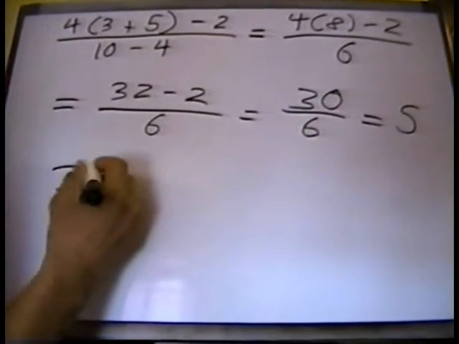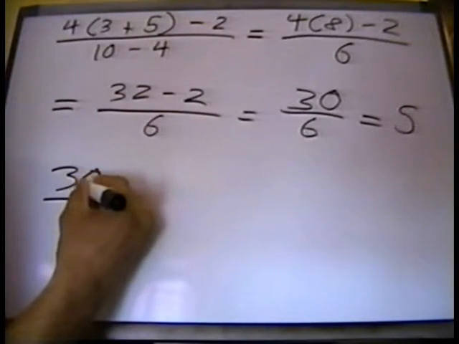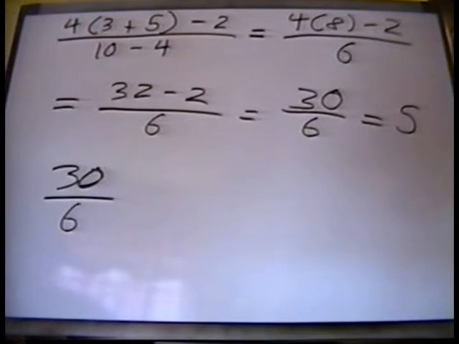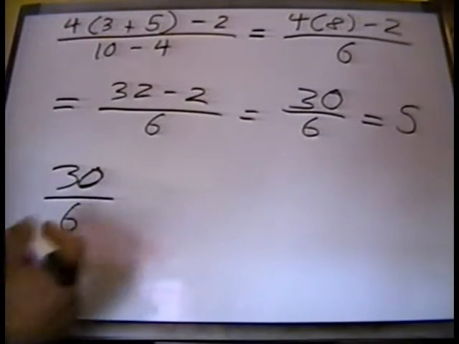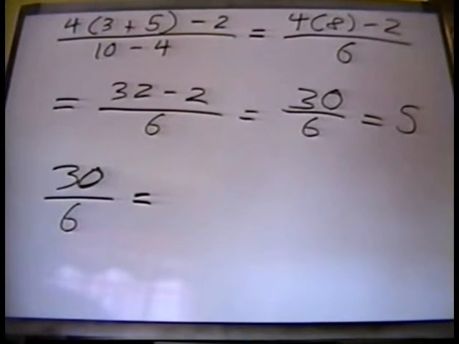Now, how do you get that? You can perform long division, okay, or you can factor. For example, what do we get if you divide both numbers in half?